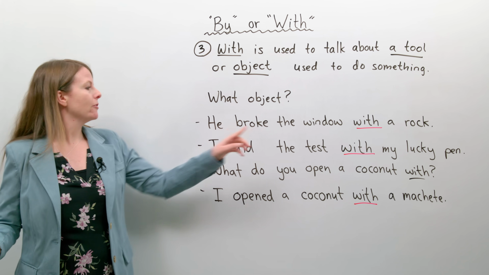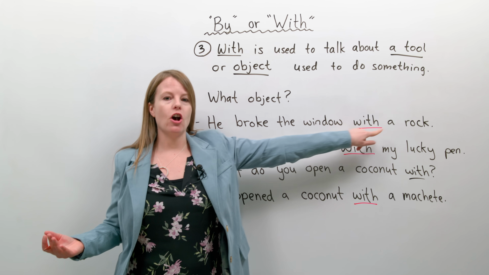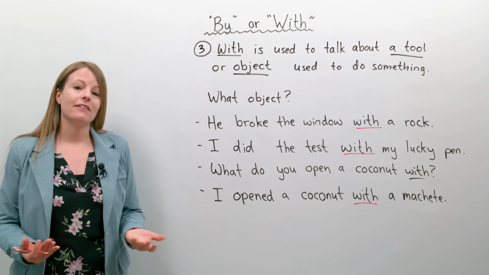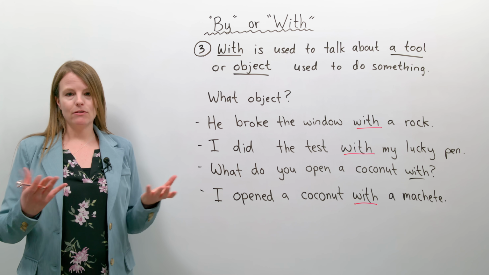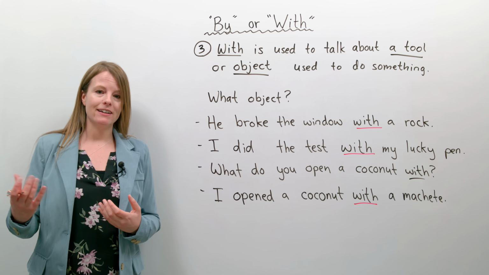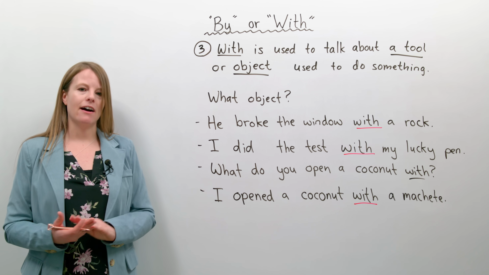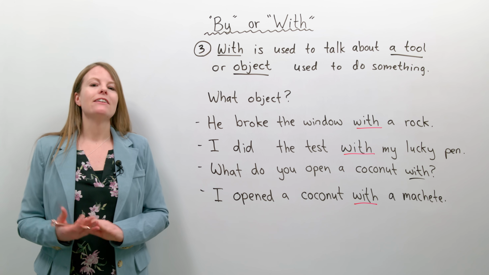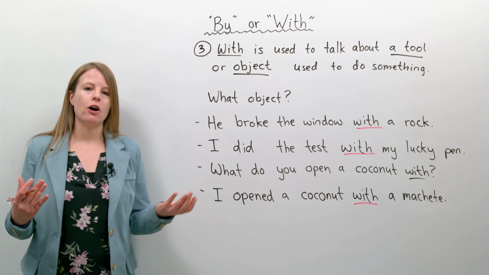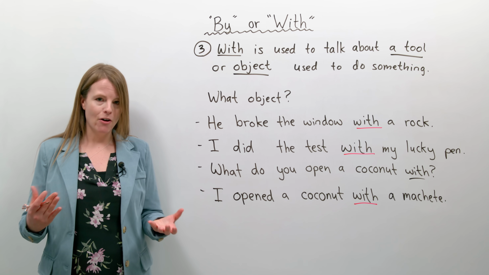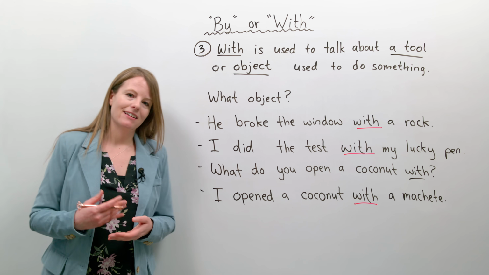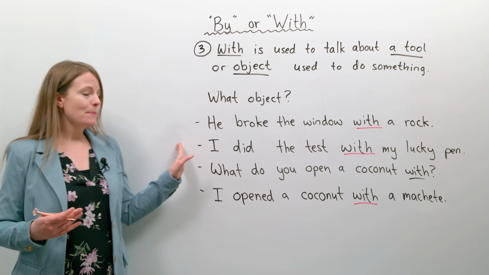He broke the window with a rock. So that's an example. What was the object? It was a rock. He broke the window. How? With a rock. So anytime you're talking about tools or objects and you're trying to explain how, you can use with.